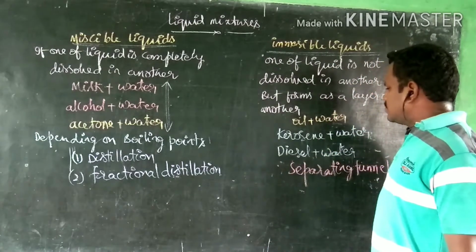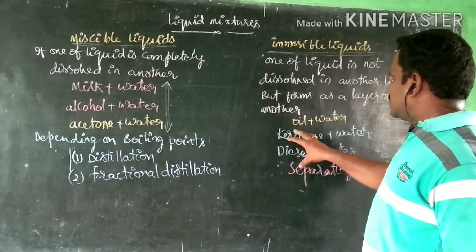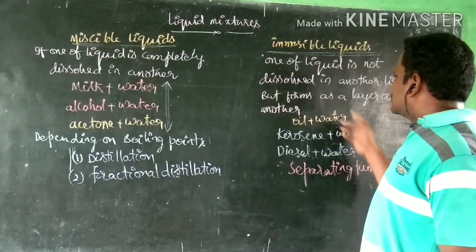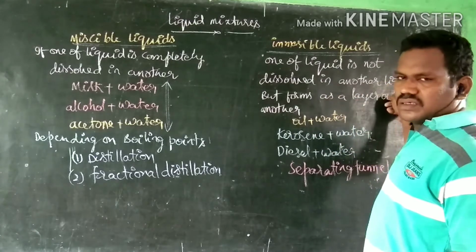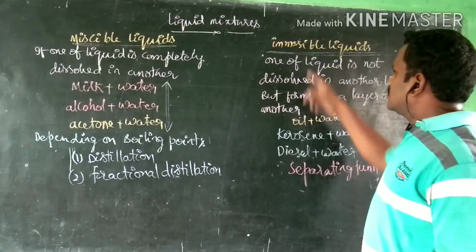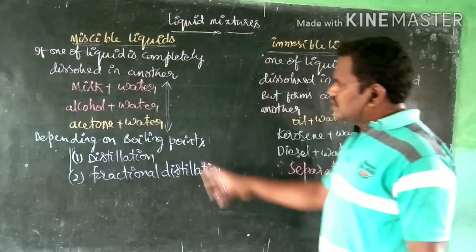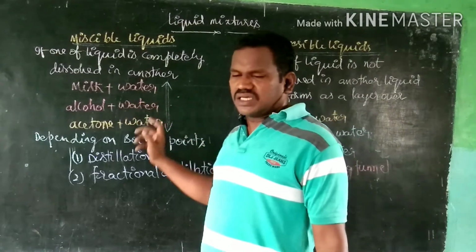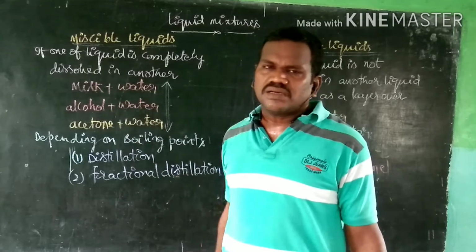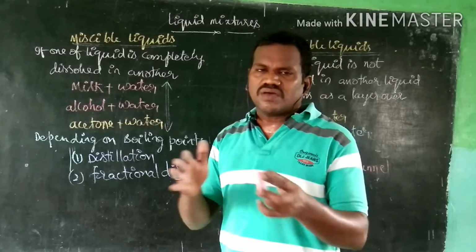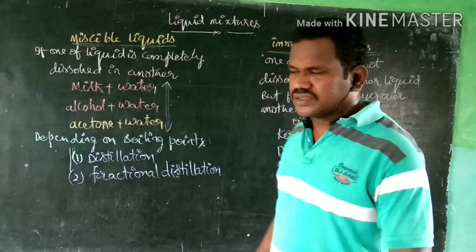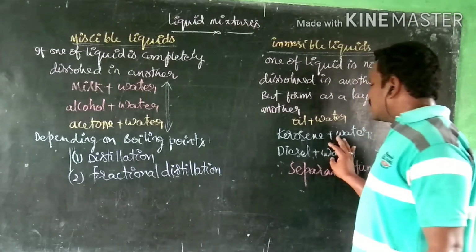In these other examples, one of the liquids does not dissolve in the other liquid. Such liquids are called immiscible liquids. If one of them is mixed with the other, we can't separate them easily, meaning both of them look like a single substance. Here they are different.